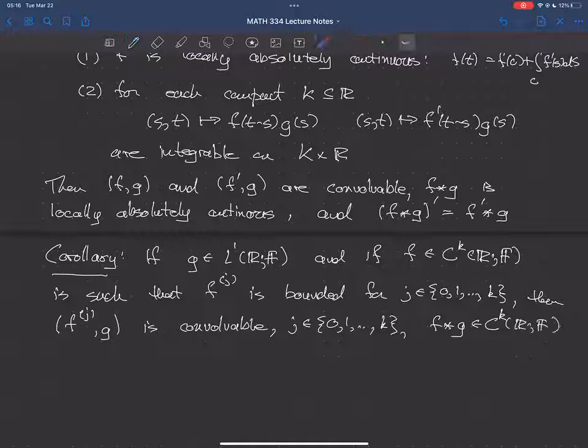Again, the point is that the regularity of f transfers to the convolution, under hypotheses. The derivative of the convolution is the convolution of the derivatives in the appropriate way. So the j-th derivative of f star g is the j-th derivative of f, star g.